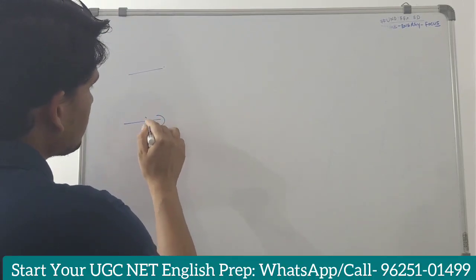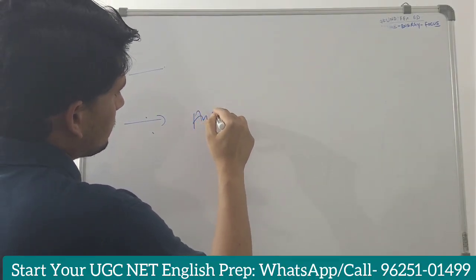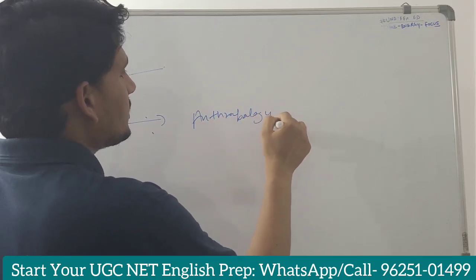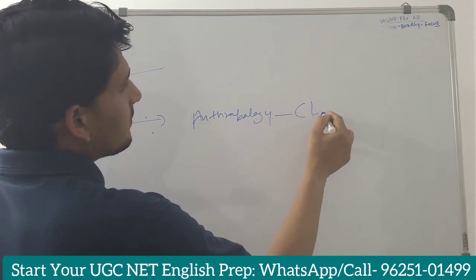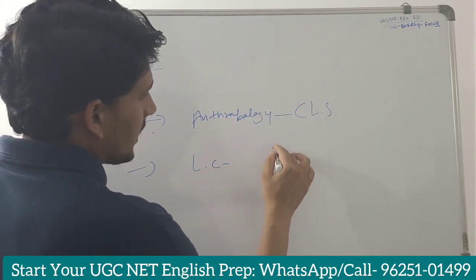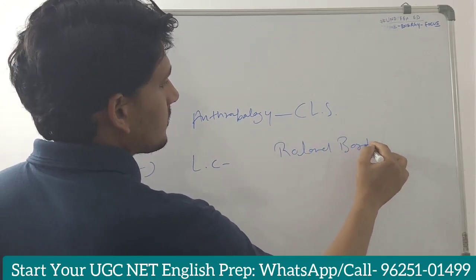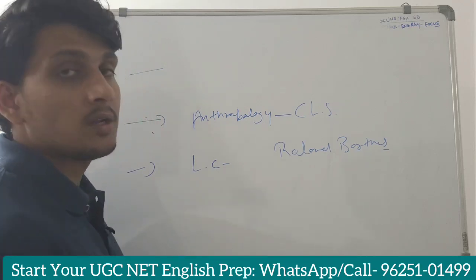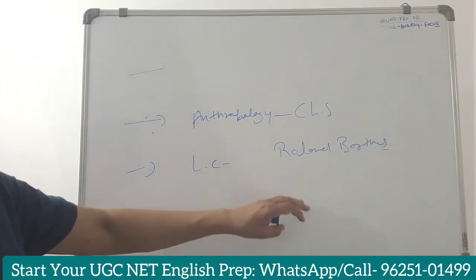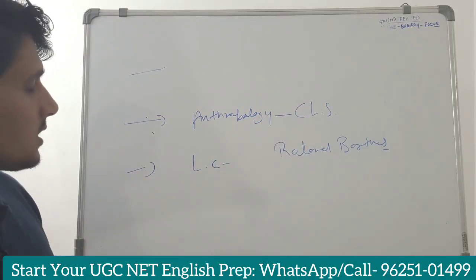The second is that it is also applied in anthropology by Claude Lévi-Strauss. It is also applied in literary criticism. Here we will discuss Roland Barthes. Right? So these are the two main theorists that we will be discussing.